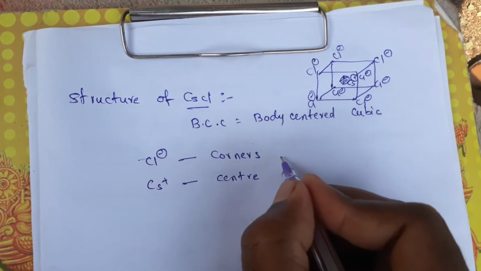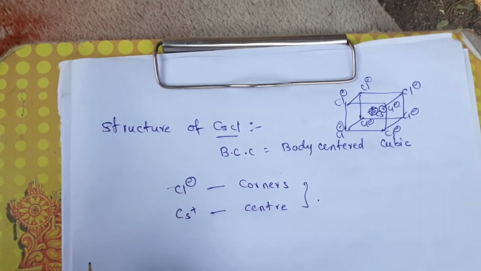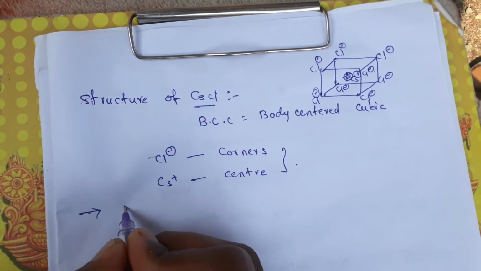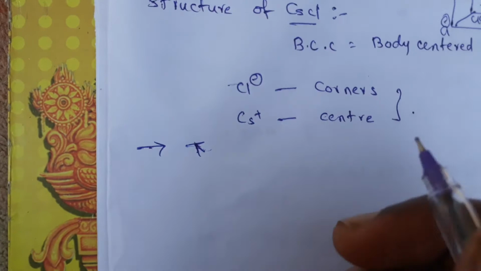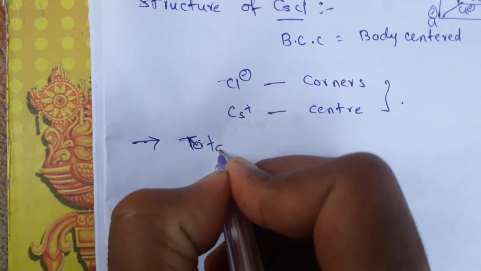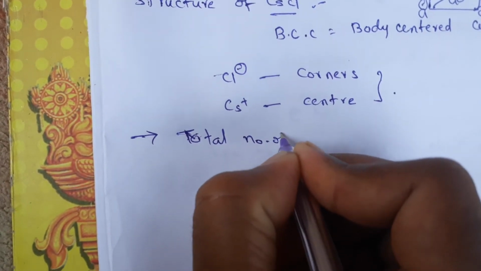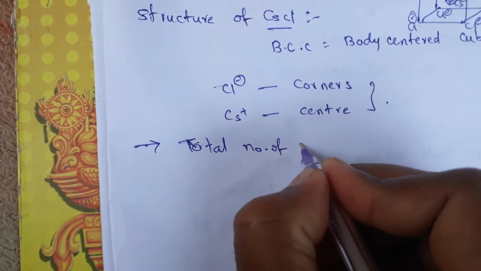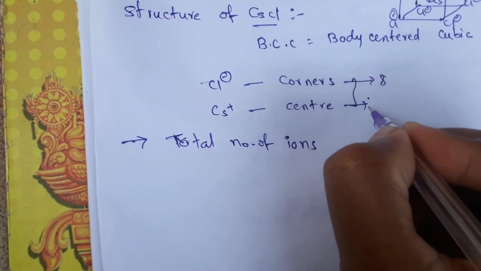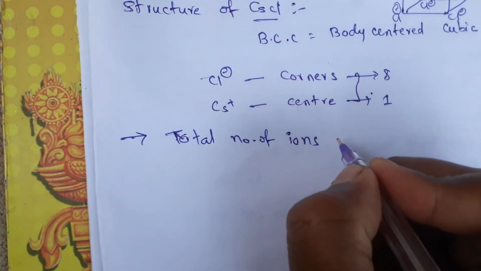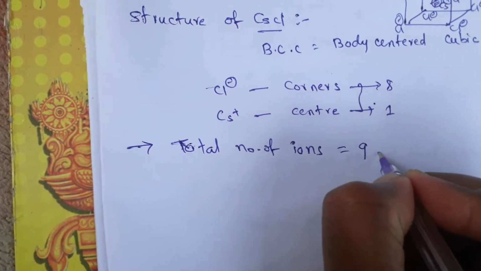So how many total atoms are there? Total number of ions: corners 8 ions and one at the center, so the total number of ions is 9.